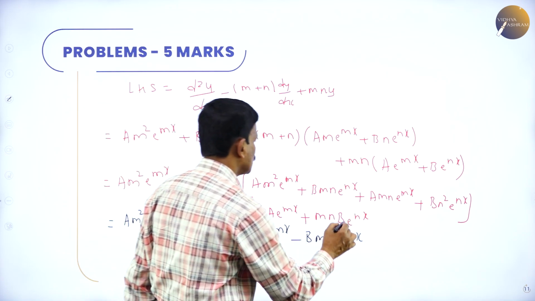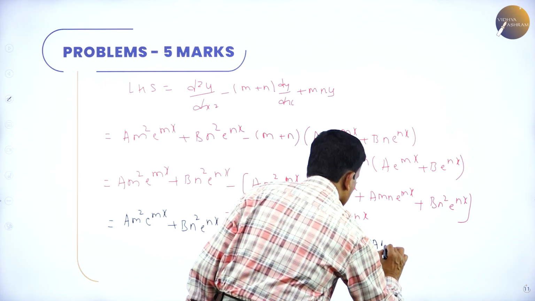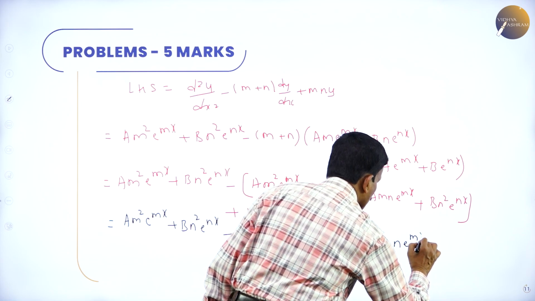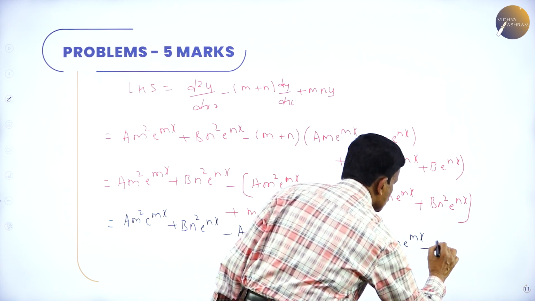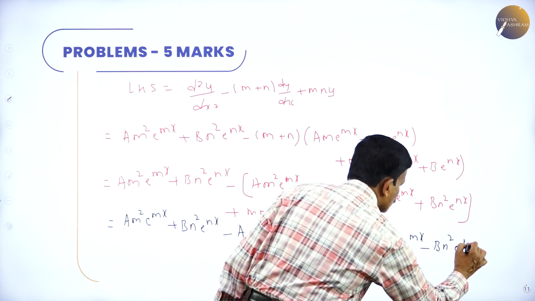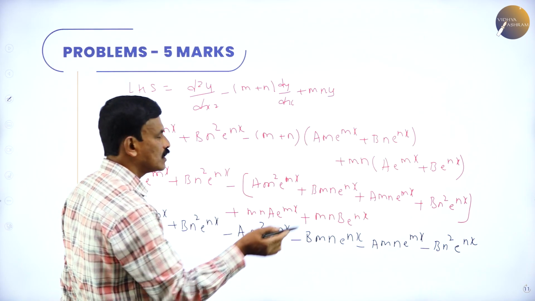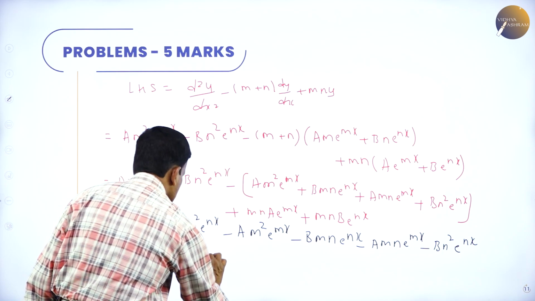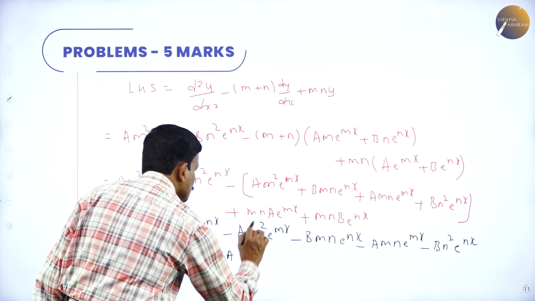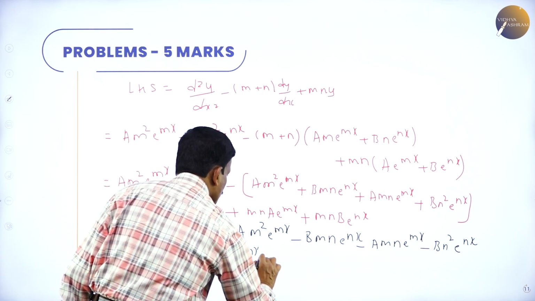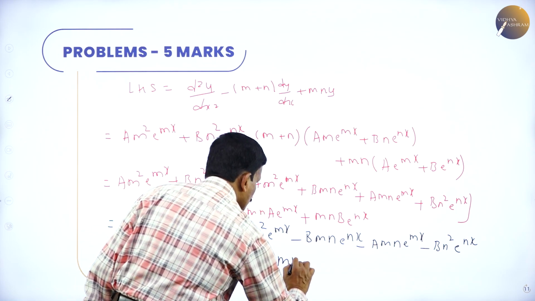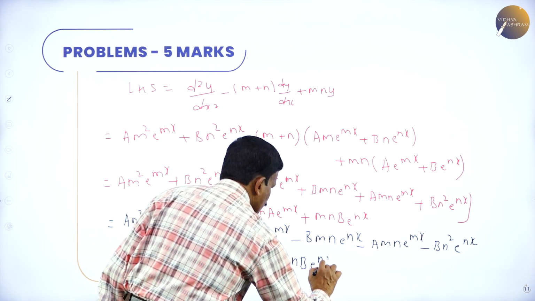Next, minus a mn e to the power of mx, minus into plus minus b n square e to the power of nx, m. Next, the last term, plus mn into a e to the power of mx plus mn into b e to the power of nx.